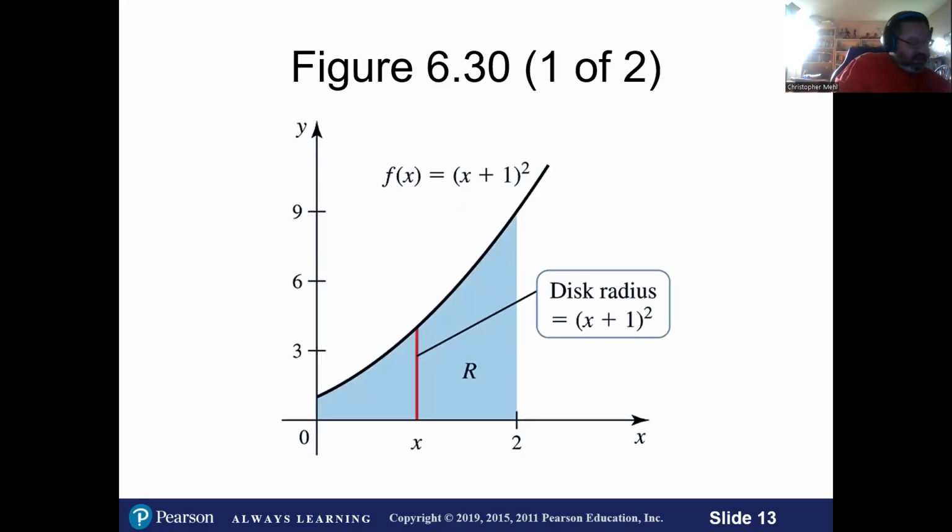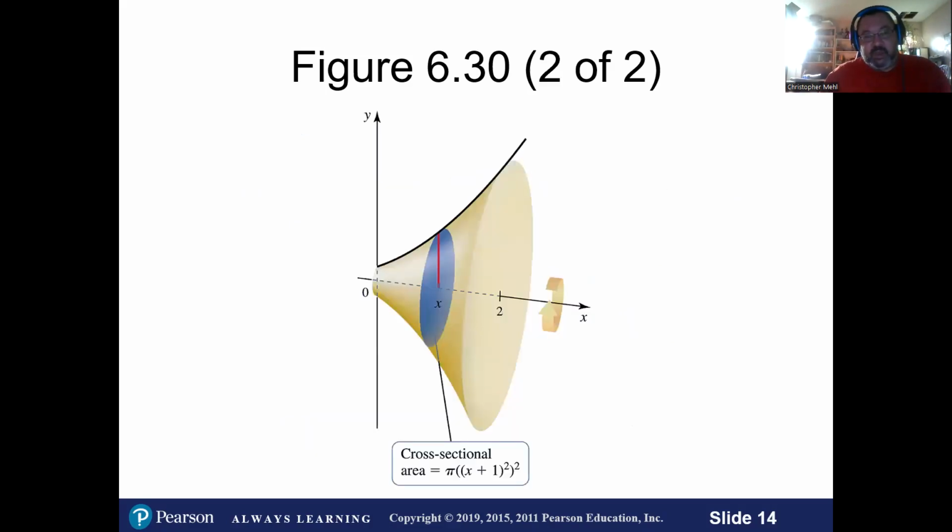So we can do an example here where we have f of x equals x plus 1 squared. And we're going to take the region bounded by the x-axis, the curve f of x equals x plus 1 squared, and the lines x equals 0 and x equals 2.